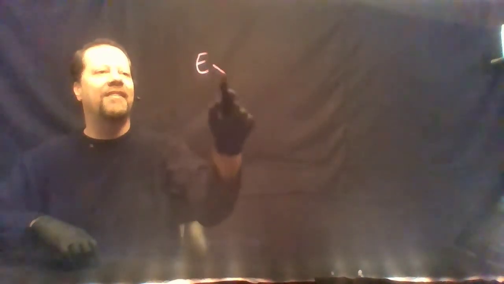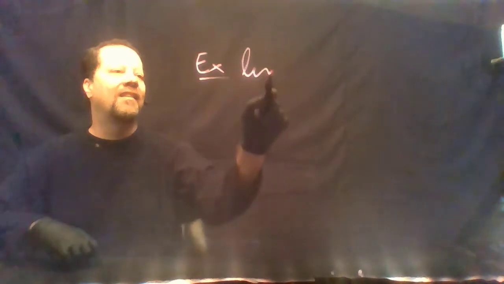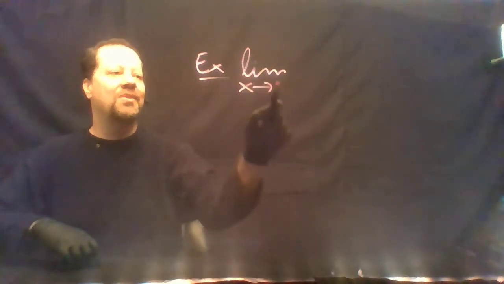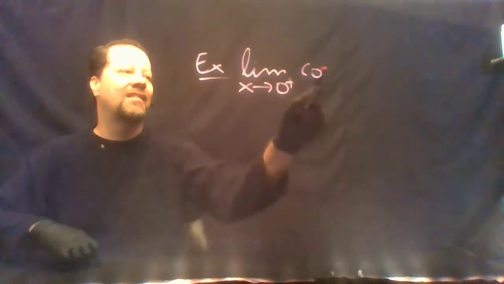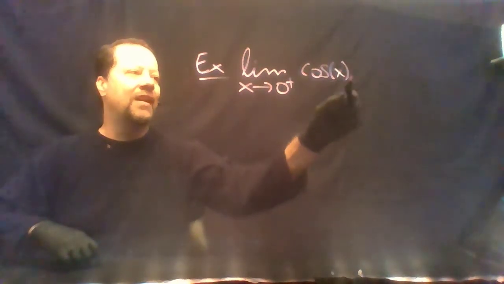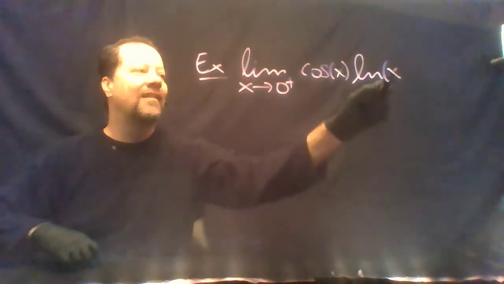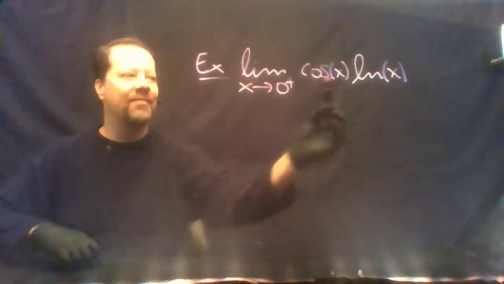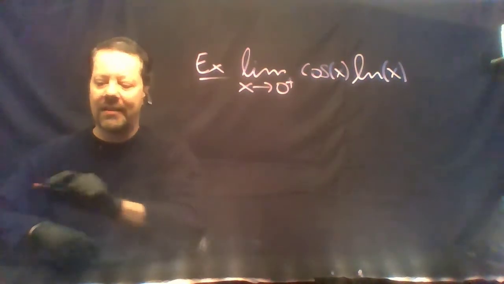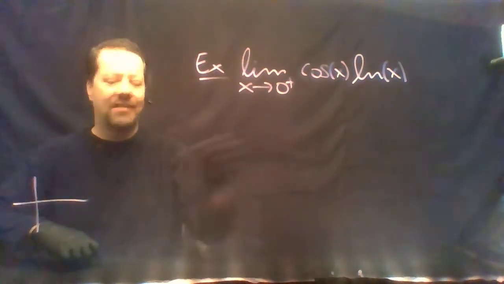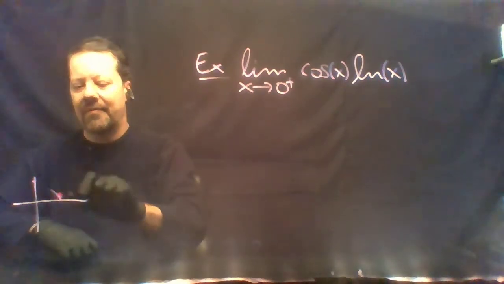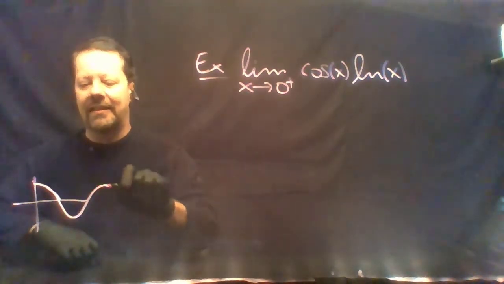What if I have the limit as x goes to 0 from the right of the cosine of x times the natural log of x? You know that as x is sent to 0, cosine looks like this.